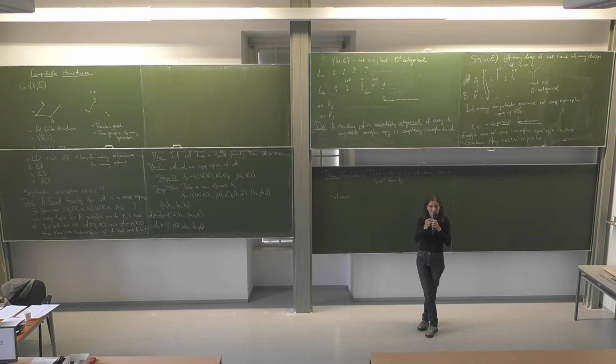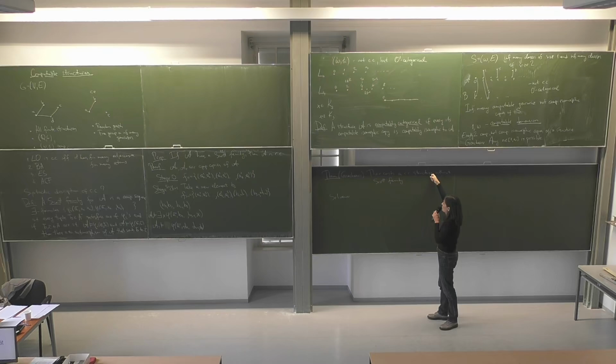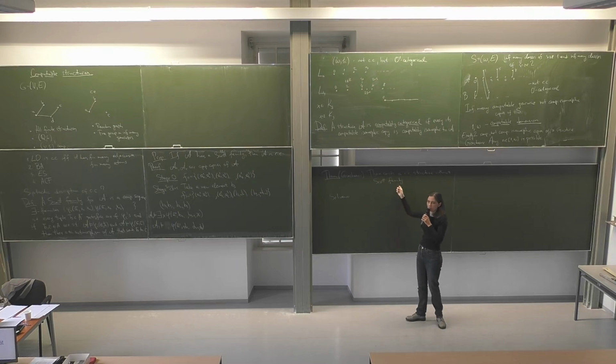So you cannot find this finite piece that characterizes the set effectively. Okay, and then you code it again into the structure, and being discrete ensures that the structure is computably categorical, and being not effectively discrete ensures that there is no Scott family.